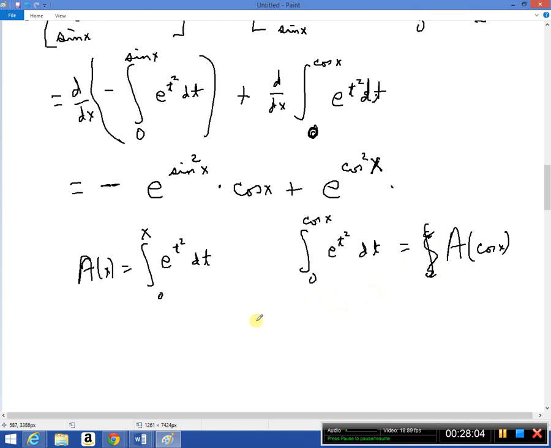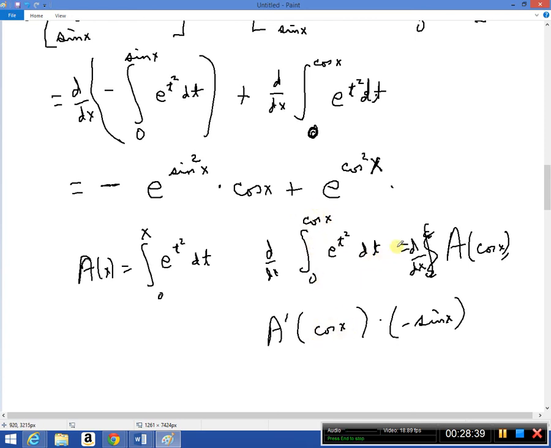So the derivative of this is really the derivative of this. And the derivative of this is a function of a function governed by the chain rule, so it's going to be A prime at cosine of x times the derivative of what's inside, which is going to give you minus sine of x. So the derivative of the area function is the integrand, not evaluated at t, but evaluated at that upper limit.